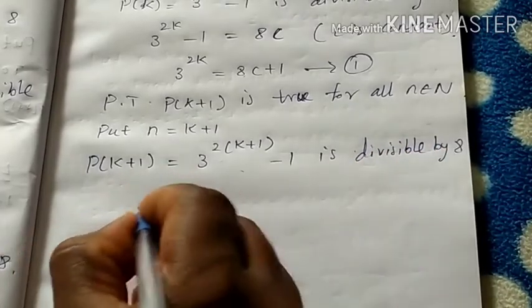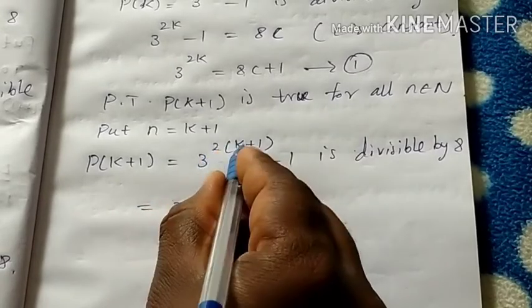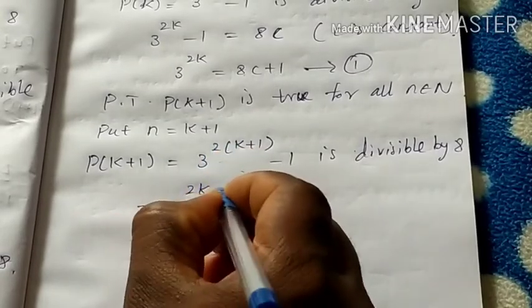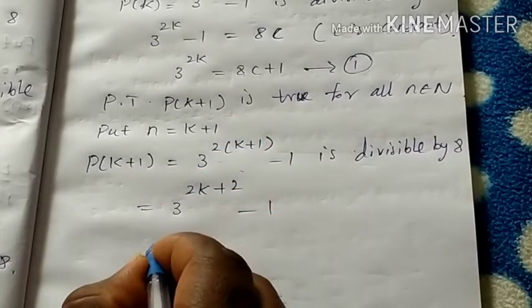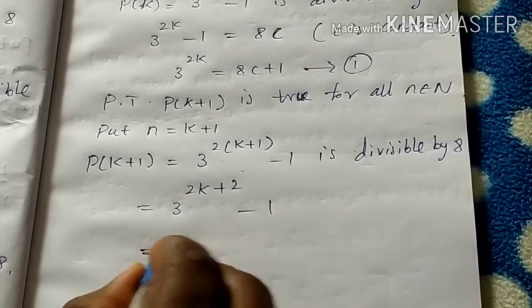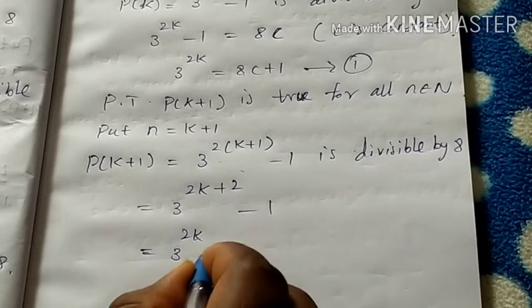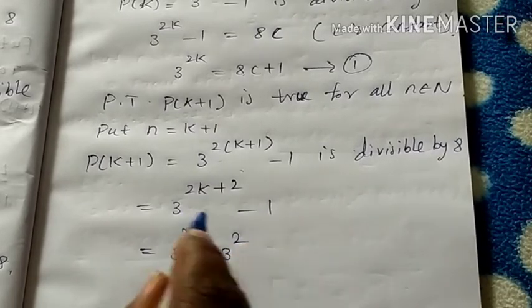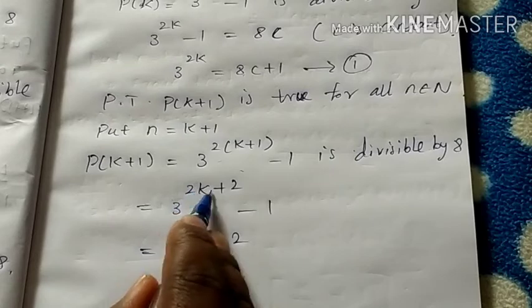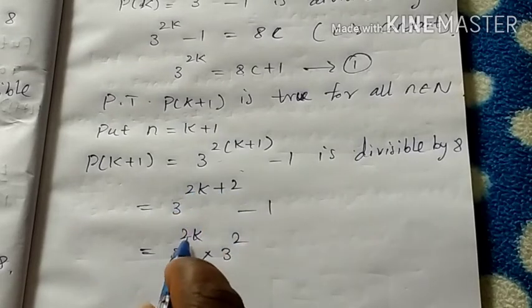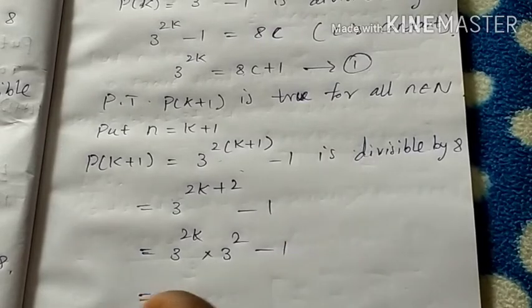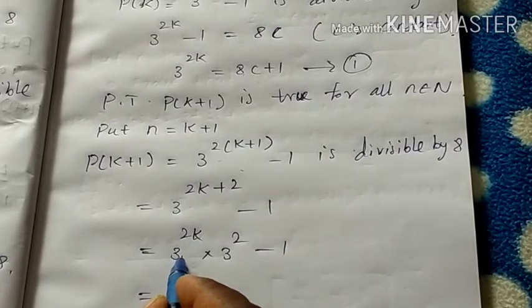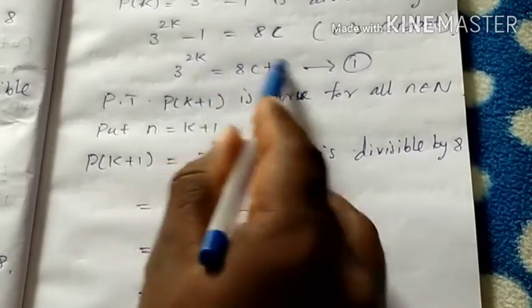This is equal to 3 power 2k plus 2 minus 1, which is equal to 3 power 2k into 3 power 2 minus 1, using the power rule.